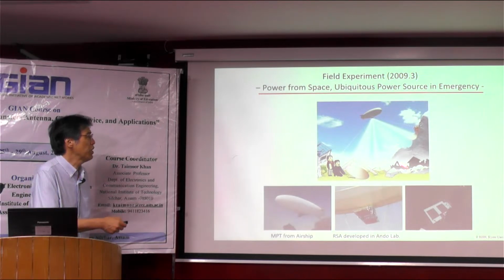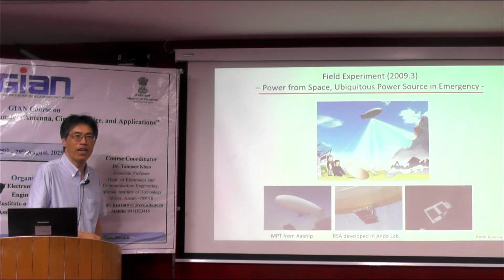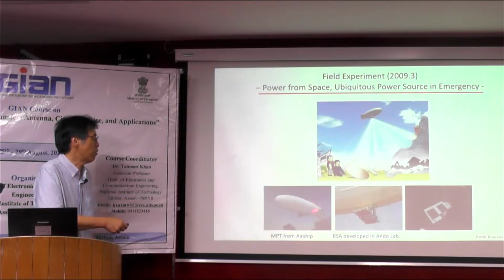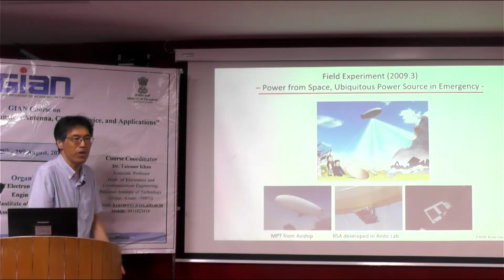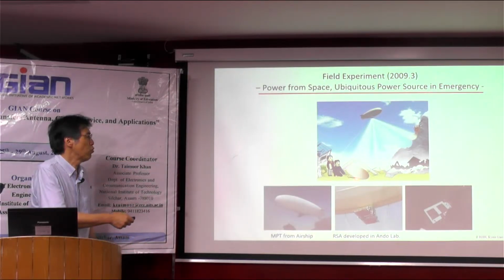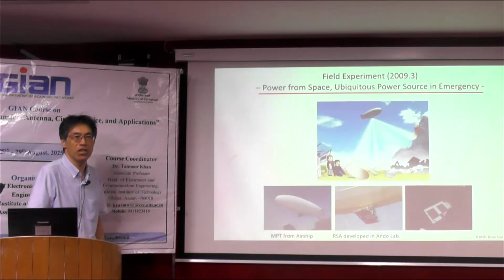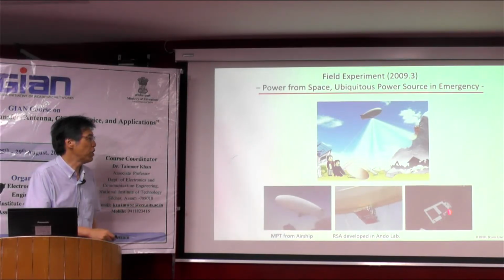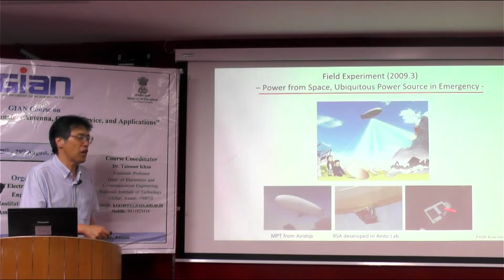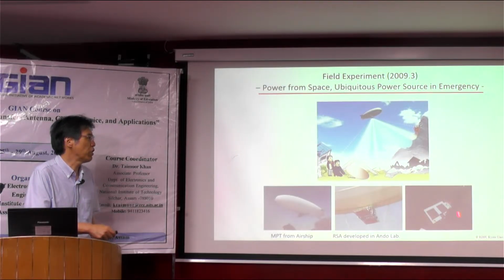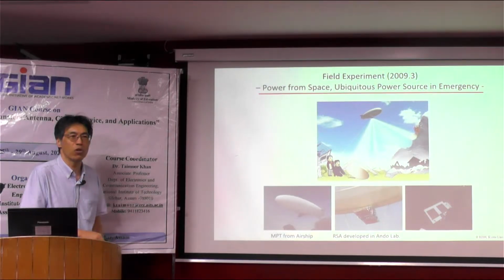So in this case, we bring a power source from the sky. From the airship, we transmit wireless power to charge mobile devices, to communicate with each other. And we succeeded in wireless charging of the smartphone here on the ground.